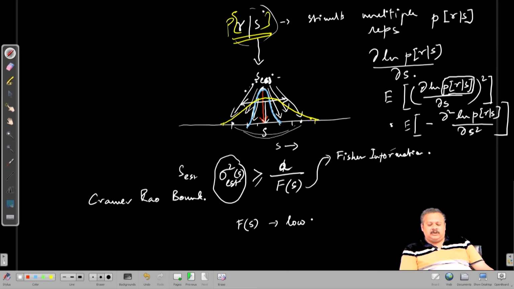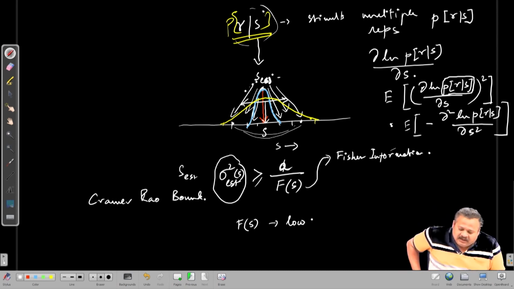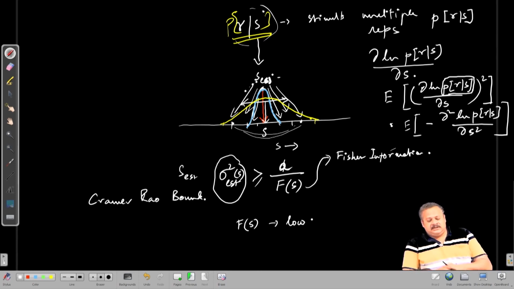So, with low Fisher information, the best possible scenario is going to be poorer than the case where the Fisher information is high. If the Fisher information is high, then the minimum variance of an unbiased estimator, this sigma square estimate, that can be reached is much lower than the case where the Fisher information is low.